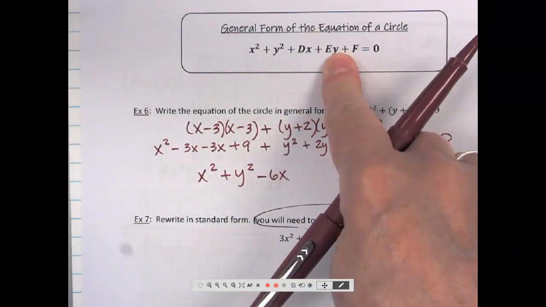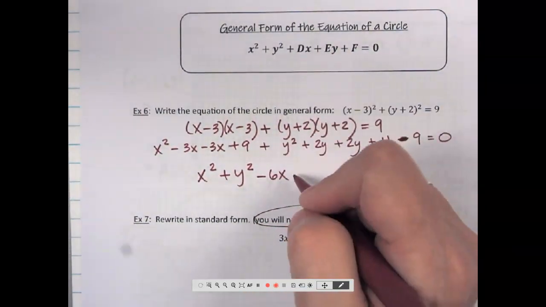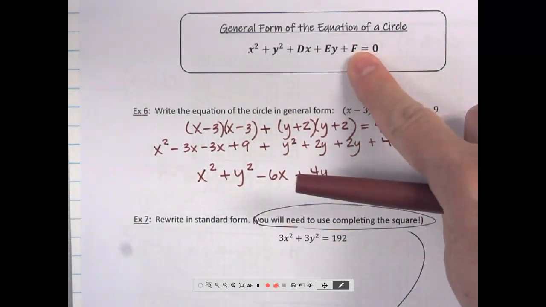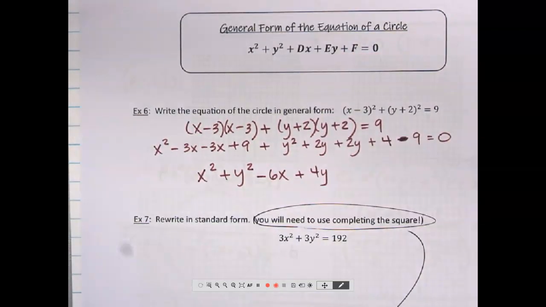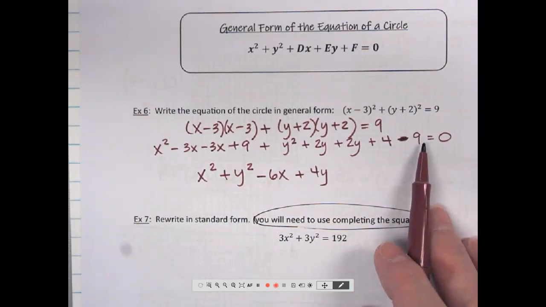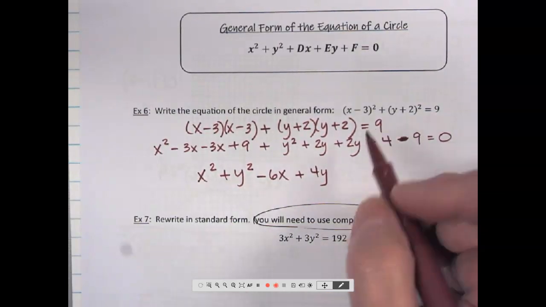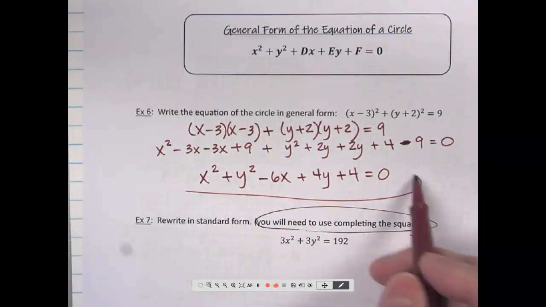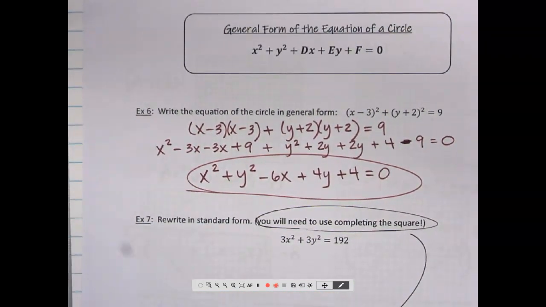Next I'm going to list the y's, that's 4y. And then plus f, that's just a constant, there's no variable with it, so let's add up all the numbers. I have 9 here, I have a minus 9, that's going to cancel, so I just have a plus 4 equals 0. That is my general form.